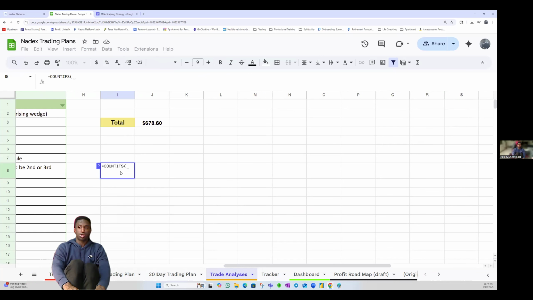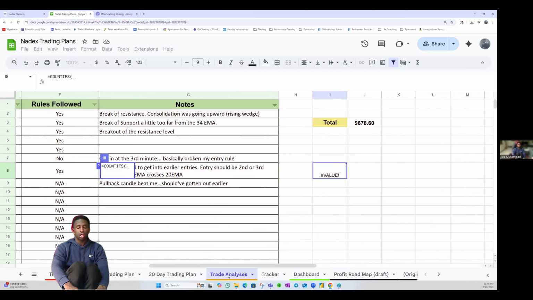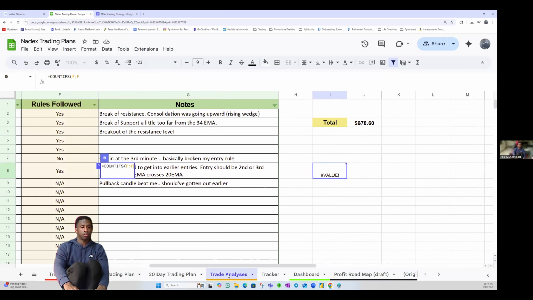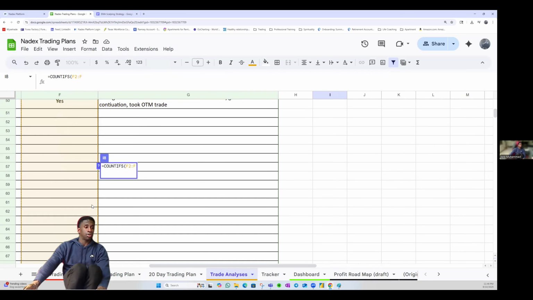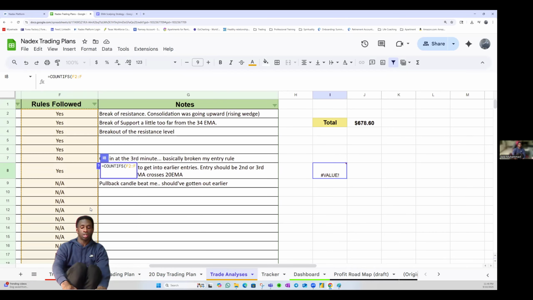COUNTIFS. Column B is the rules followed. In this case, that is column F for me. Let's just say F2 to F81. Let's just do 81 for the sake of this.